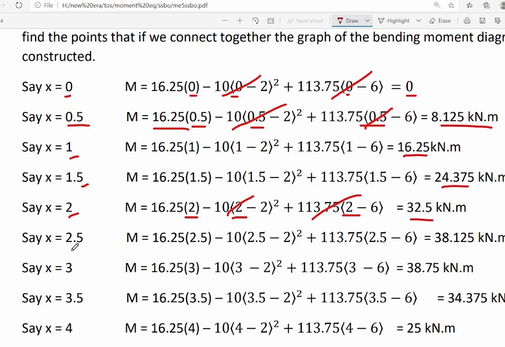At x equal to 2.5 meters, we can observe that on the second term of the equation, 2.5 minus 2 is positive 0.5 meters, which means that the second term of the equation will now exist. But on the third term of the equation, since 2.5 minus 6 is negative 3.5, the third term will not exist again. So M is 38.125 kilonewton meter.